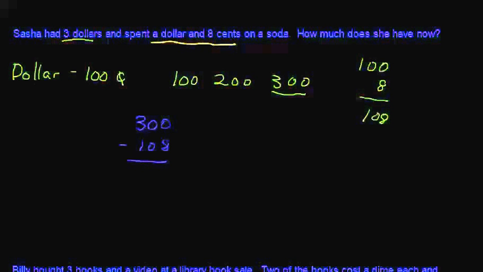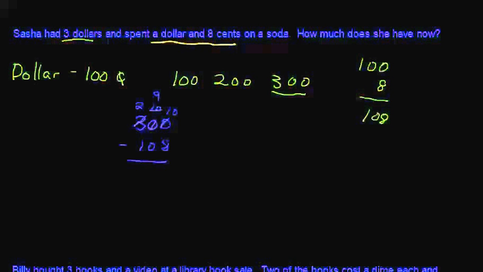We can't take 8 from 0, so we're going to have to borrow. So we can't borrow from 0, so we have to go all the way over here to this 3 and borrow to make that a 2. Well, that makes this a 10. And now we can borrow from the 10, make that a 9, and we have 10.